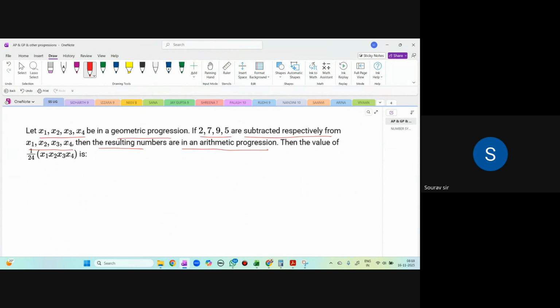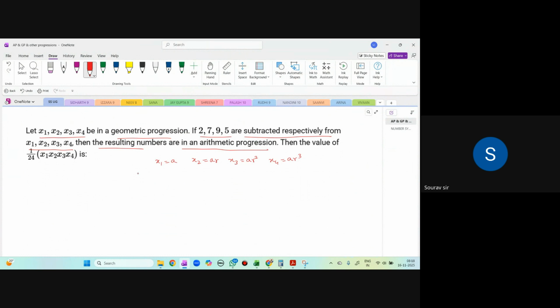So since it is given to be a GP, so you can take X1 as A and X2 would be AR, X3 would be AR square, X4 would be AR cube.